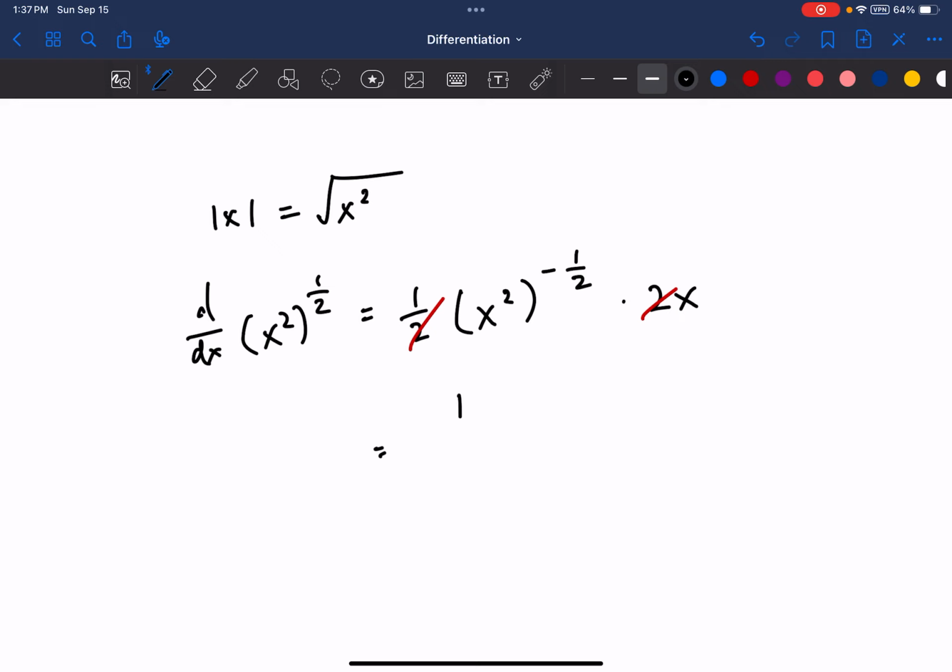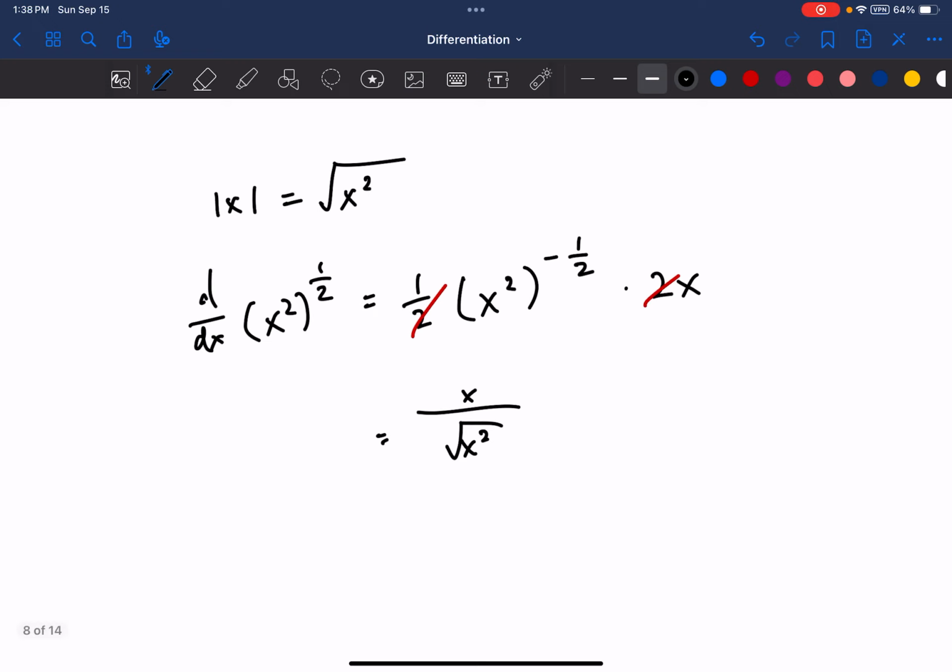Okay, so I simplify, and this and this cancel. This would just be 1 over, well, the top would be x, and then the bottom would be the x squared, and then this, right? Yep. And then if you remember, x squared and then square root is the same thing as absolute value.